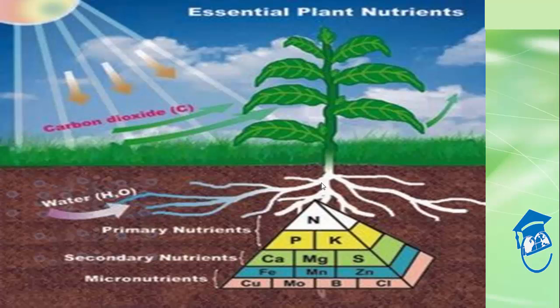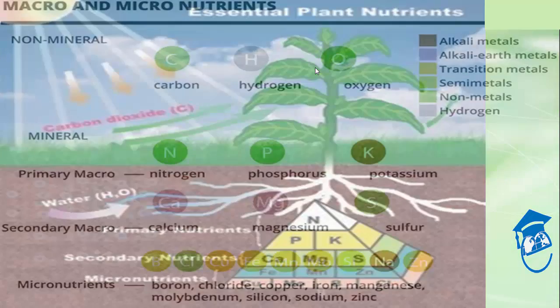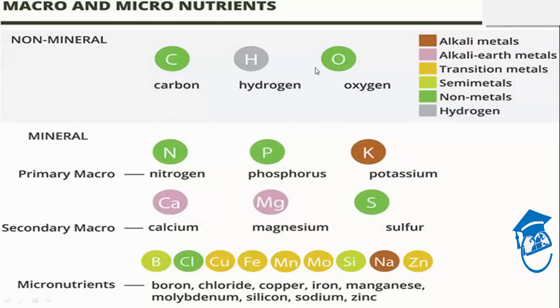In fact more than 60 elements of 105 discovered so far are found in different plants, students, because they can be absorbed from roots of the plant. See, these are the macro and the micronutrients. These are non-minerals, that is carbon, hydrogen and oxygen. Minerals are categorized into three categories: primary macro, secondary macro and micro.